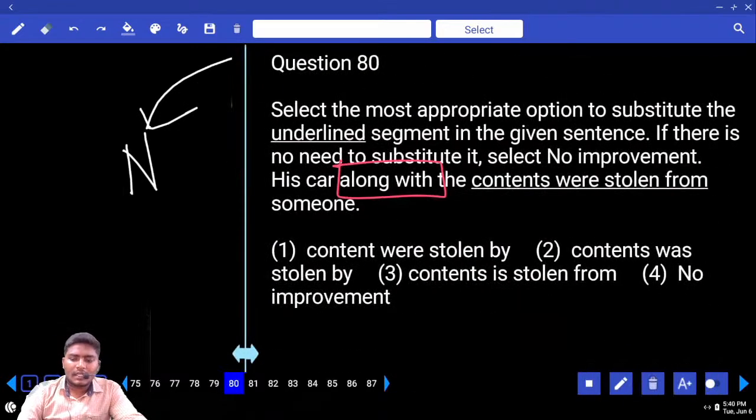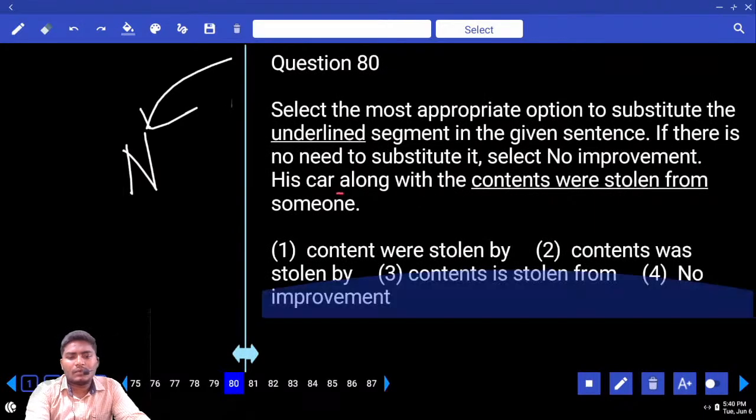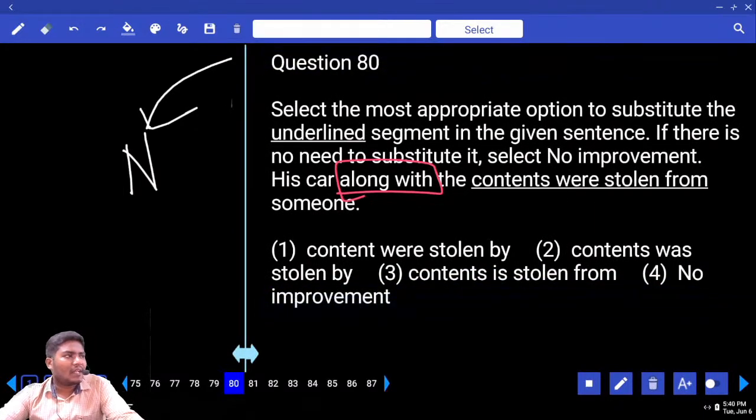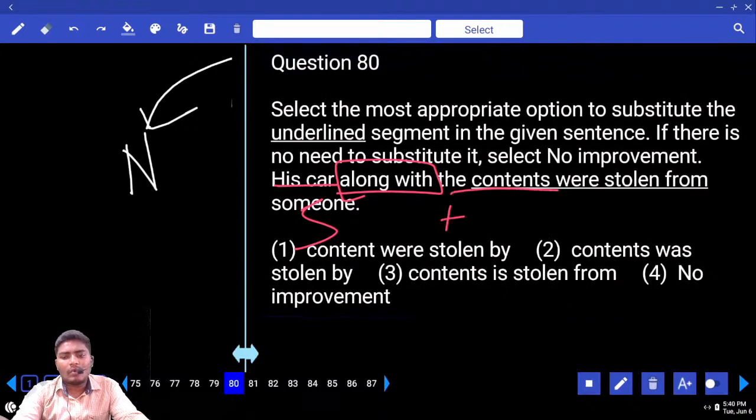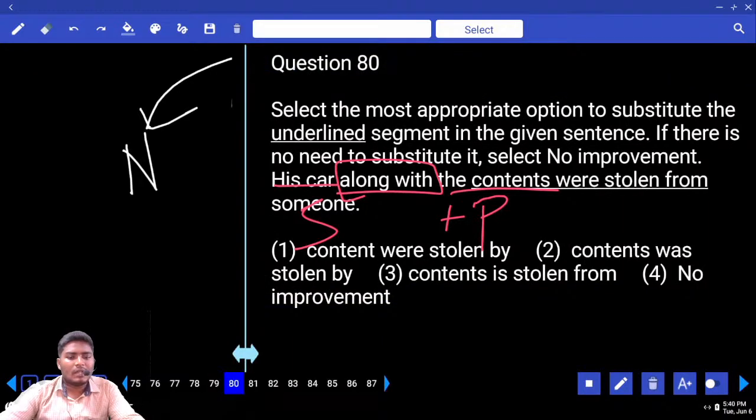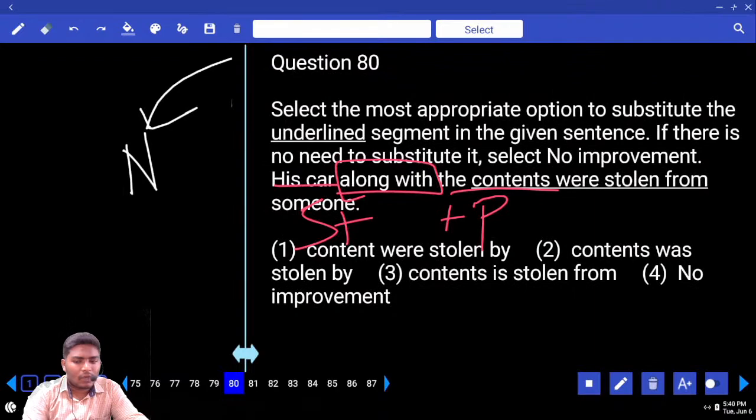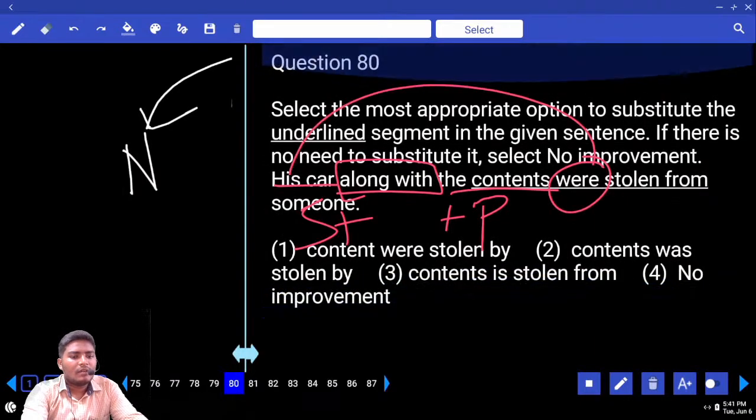Now, if you look at the sentence carefully, before along with, there is one noun. What is the noun here? His car. Singular or plural? Singular. Next, it is also followed by one more noun. Contents. Plural noun. So along with is preceded by a singular noun, followed by a plural noun. Verb should agree with the first noun.